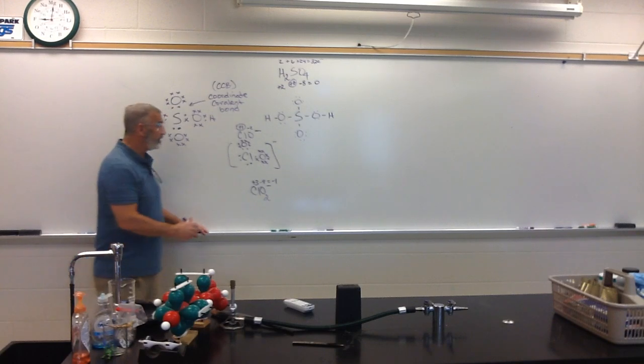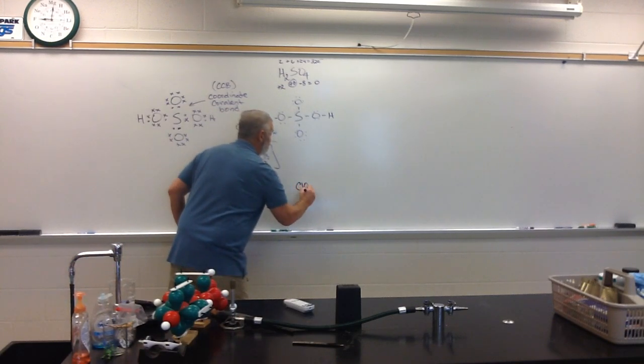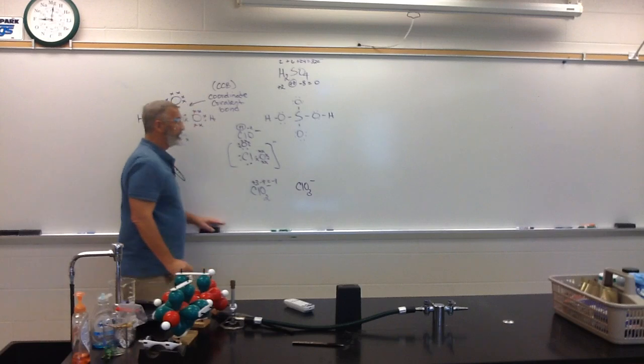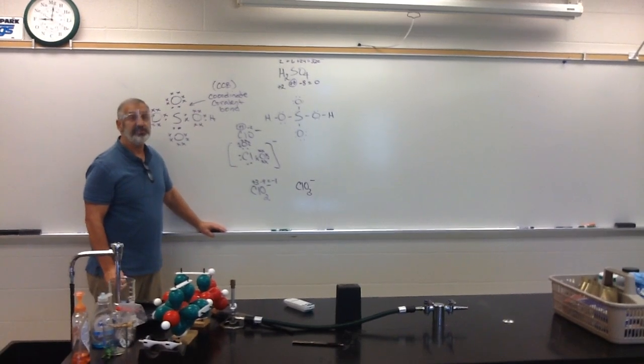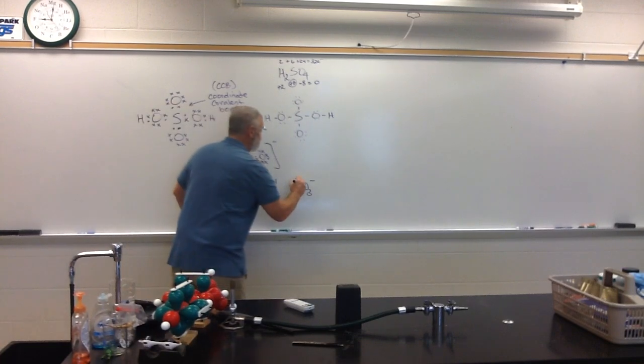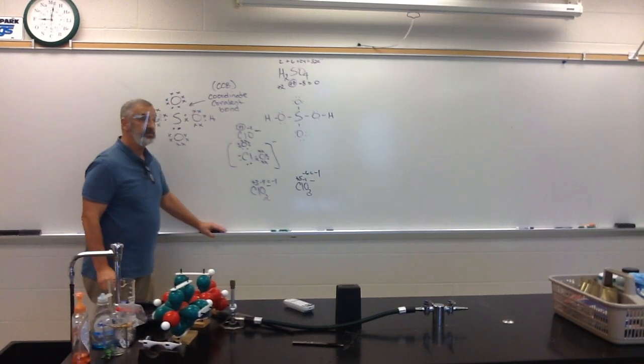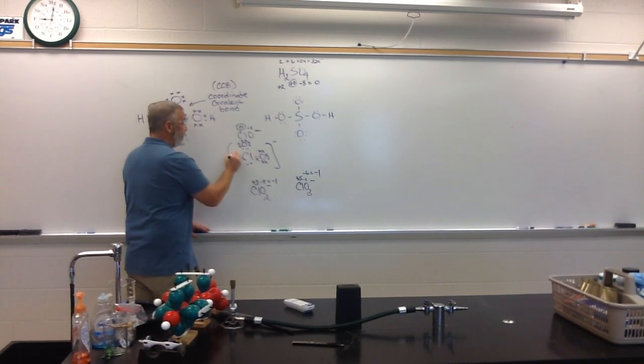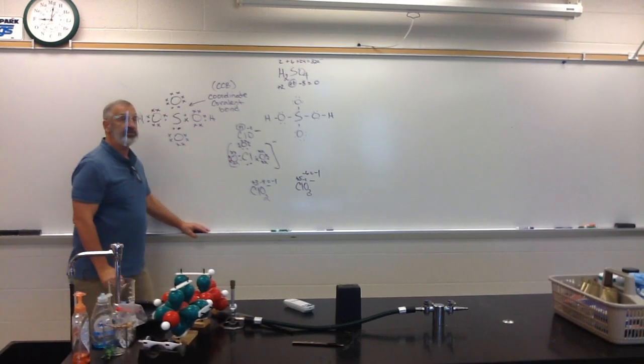So then we can go to chlorate, ClO3-. And what's the oxidation state of chlorine in this one? +5. Because -2 times 3 is -6, has to add up to -1. So when we draw it, we just put an oxygen here with another coordinate covalent bond.